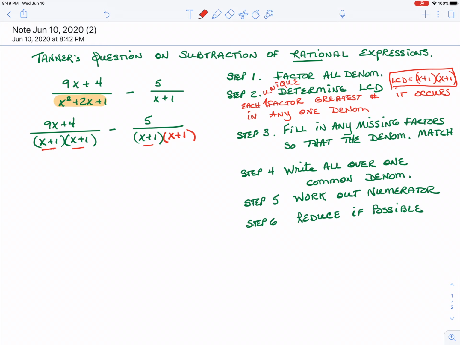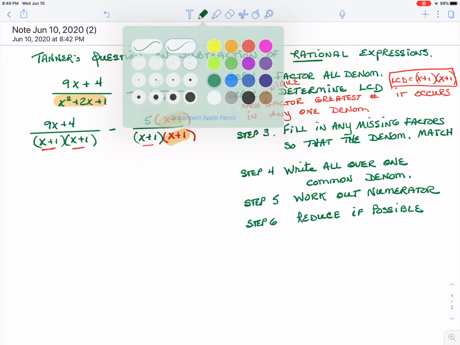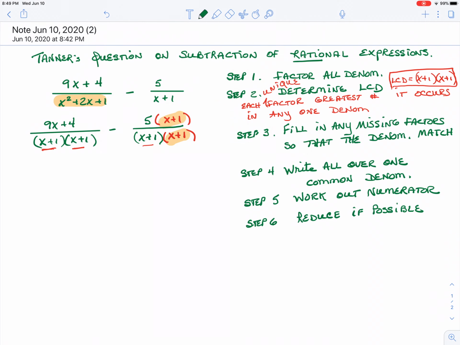So when you fill that in the denominator so that the 2 denominators now match, there's something called the fundamental principle of arithmetic, I think is what it's called, which requires that you fill in the same multiplier in the numerator and denominator. So really what you've done there is you've multiplied by 1. You haven't changed the quantity, you've just changed the way it's going to look. All right, so that was step 3.